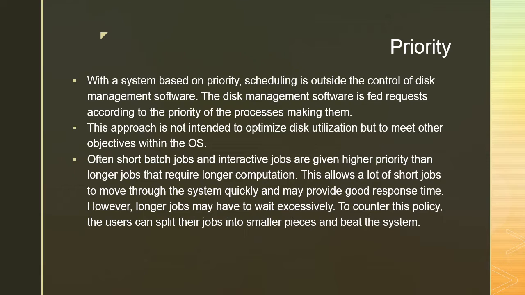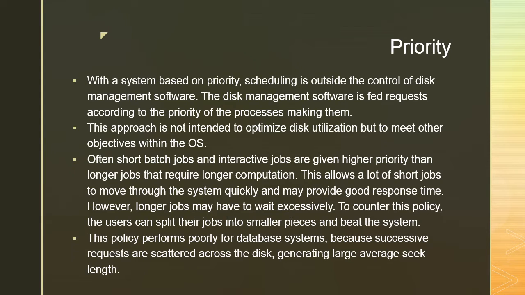Furthermore, to counter this policy, the users can split their jobs into smaller pieces and beat the system. This policy performs poorly for database systems because successive requests are scattered across the disk, generating large average seek length.